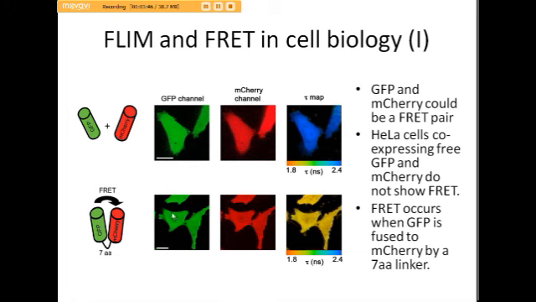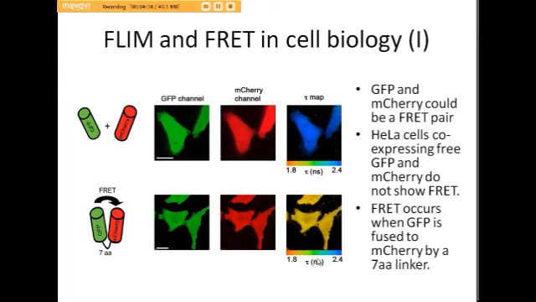So here is the GFP fluorescence channel. There's GFP fluorescence, there's mCherry fluorescence, and there's also FRET. Recall that FRET is independent of concentration. It doesn't matter whether this chimeric molecule is high or low, they all generate the same tau map, the same fluorescence lifetime map.